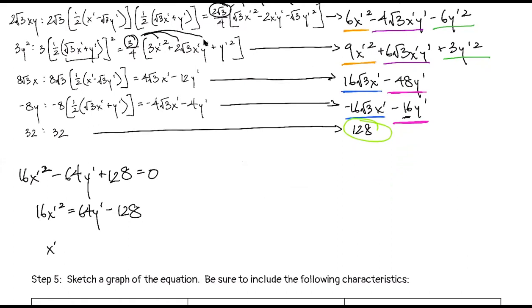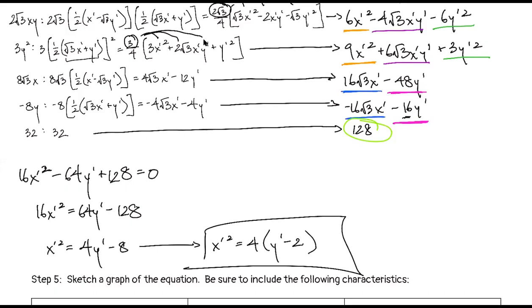So x prime squared equals 64 divided by 16 is 4, so 4 y prime, and then 128 divided by 16 gives you 8. So I get x prime squared equals 4 y prime minus 8 as my equation.